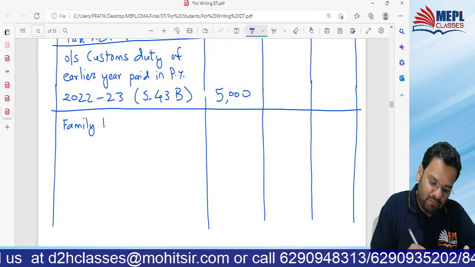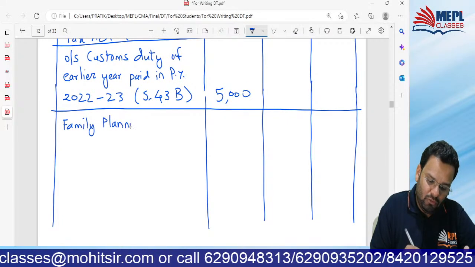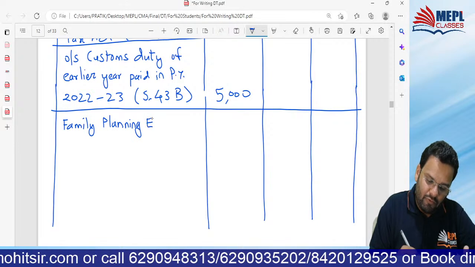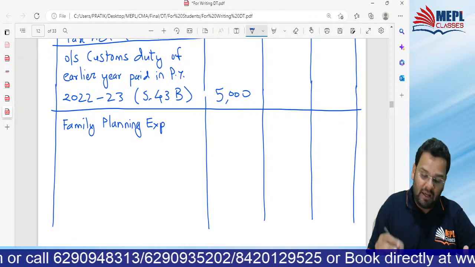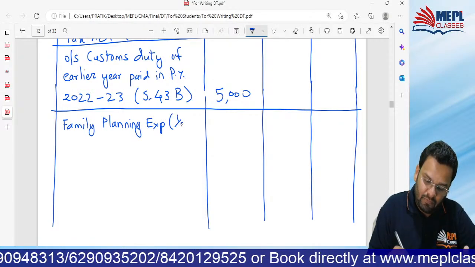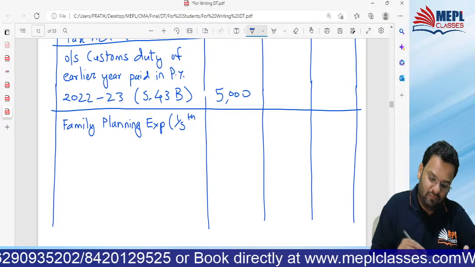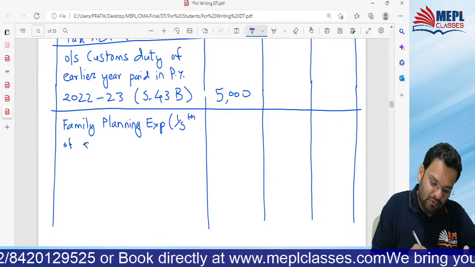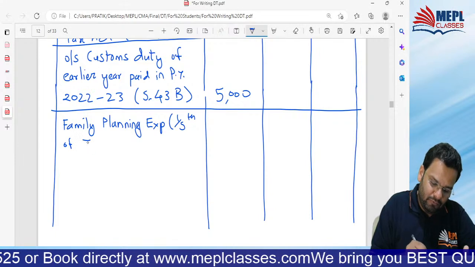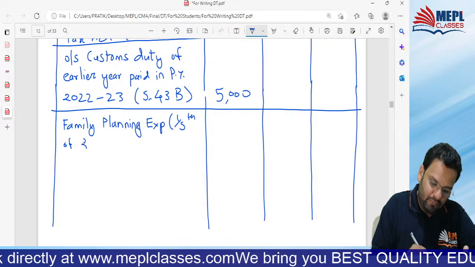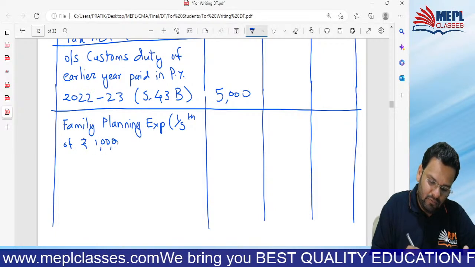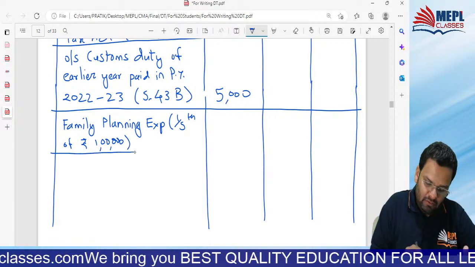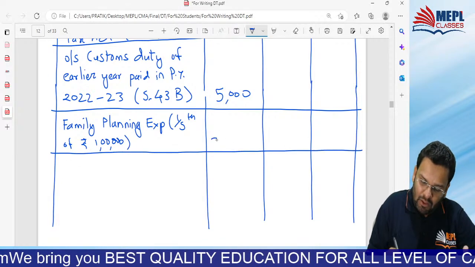And family planning expense now allowed. Family planning expense allowed is 1/5 of 1 lakh. So allowed will be 20,000 rupees.